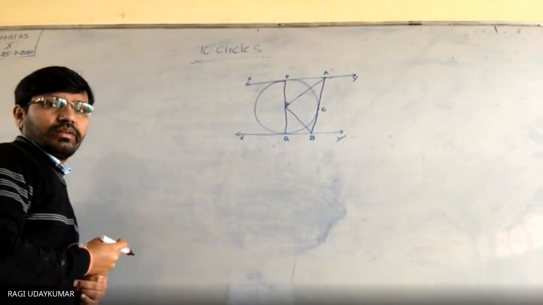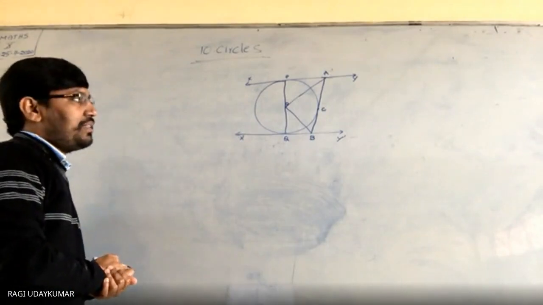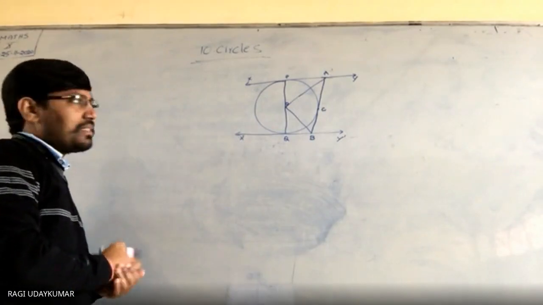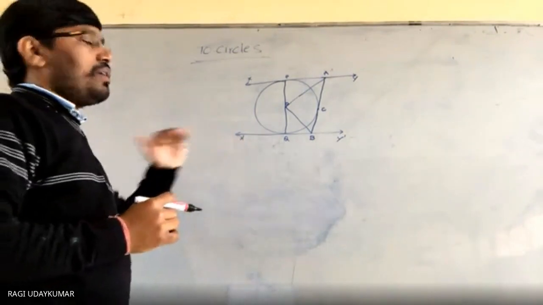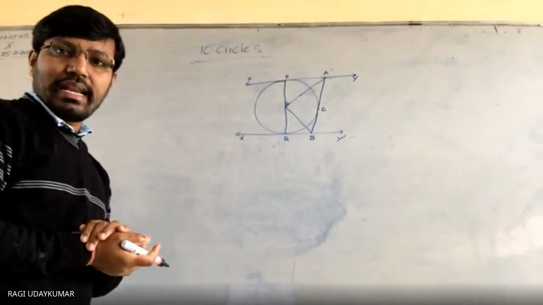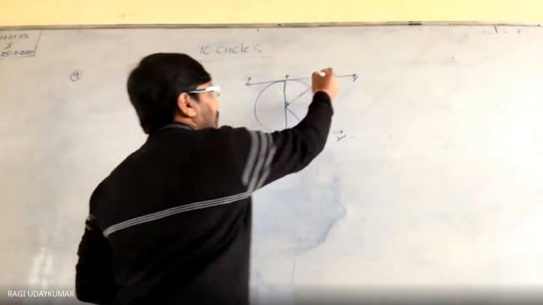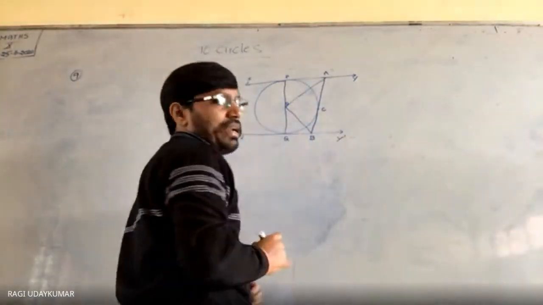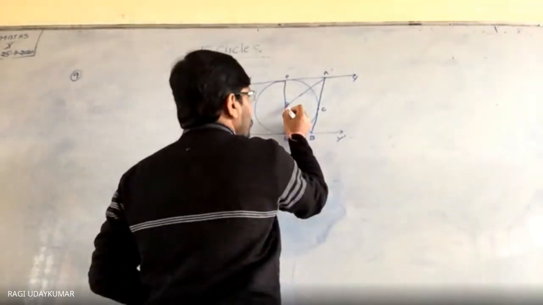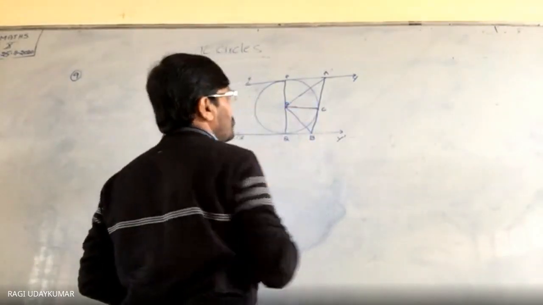Okay? So in the question it is given that what are the given things? XY is parallel to X dash Y dash, parallel tangents. Okay? And O is the center. AB is also tangent with the point of contact C. So let us join this O to C. OC को join करते हैं.